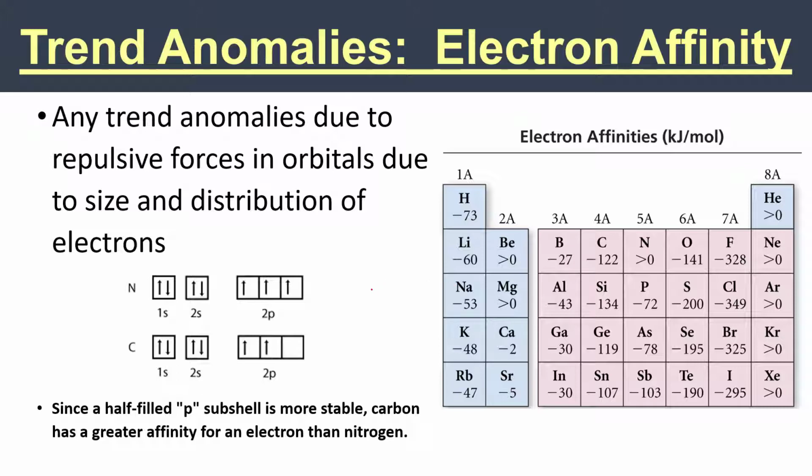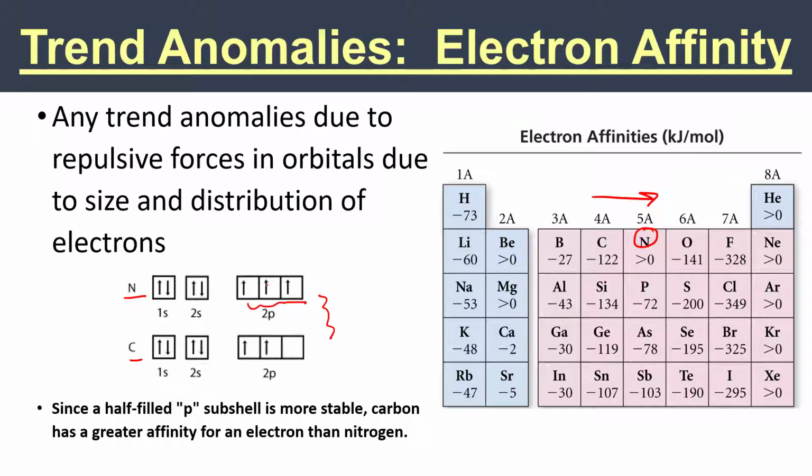And the example that we can see here, if we look at the orbital notation for nitrogen versus carbon, you can see that trend-wise, nitrogen should have a higher electron affinity, but yet it doesn't. So why is nitrogen less likely to pick up an electron than, let's say, carbon is, based on energy changes? Well, if we go here, we can see that nitrogen has a half-filled 2p sublevel.